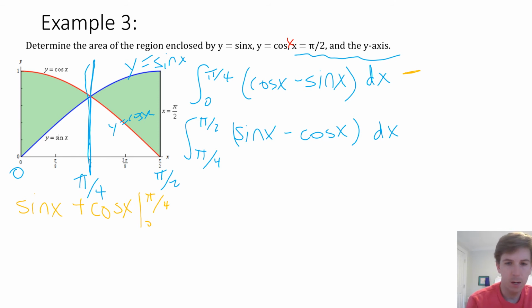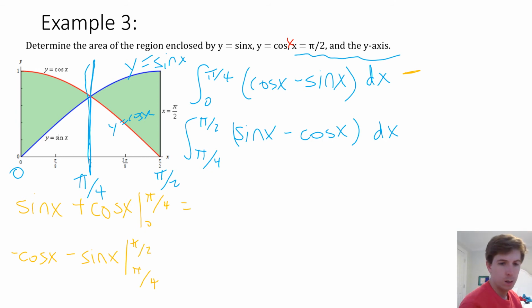And then for the other one, it is going to be negative cosine x minus sine x, and we're going to be evaluating that from pi over 4 to pi over 2.